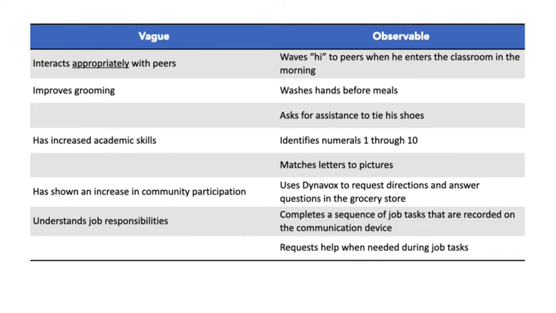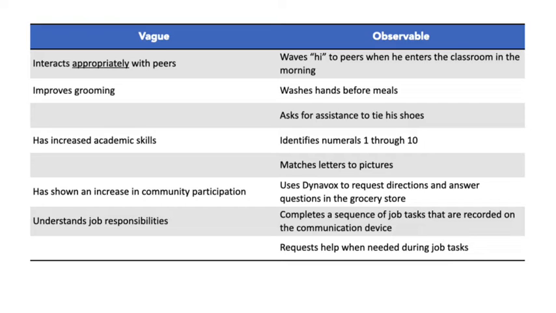So here we can compare what is vague and observable. As you can see, you need to operationalize your term in a very specific way. The first example, interact appropriately with peers. The term appropriately may still be vague, so you can describe it like wave hi to peers when he entered the classroom in the morning.